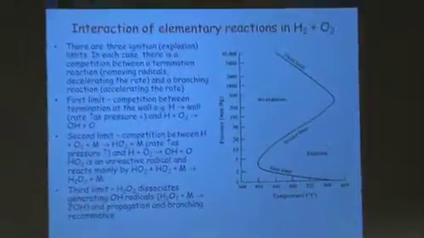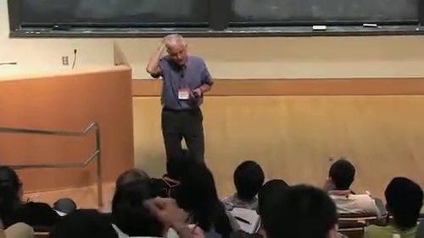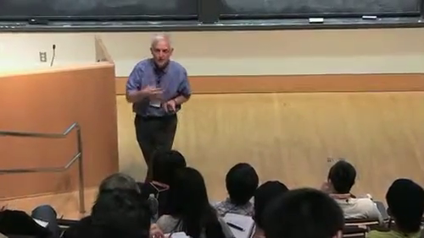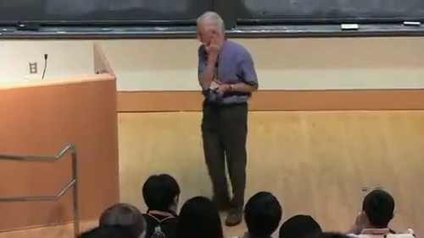Okay, what I'm going to do now, in the time that remains, is to have a look at experimental data and, in some cases, theoretical interpretation for reactions involved in the hydrogen-oxygen system that we mentioned right at the very beginning.